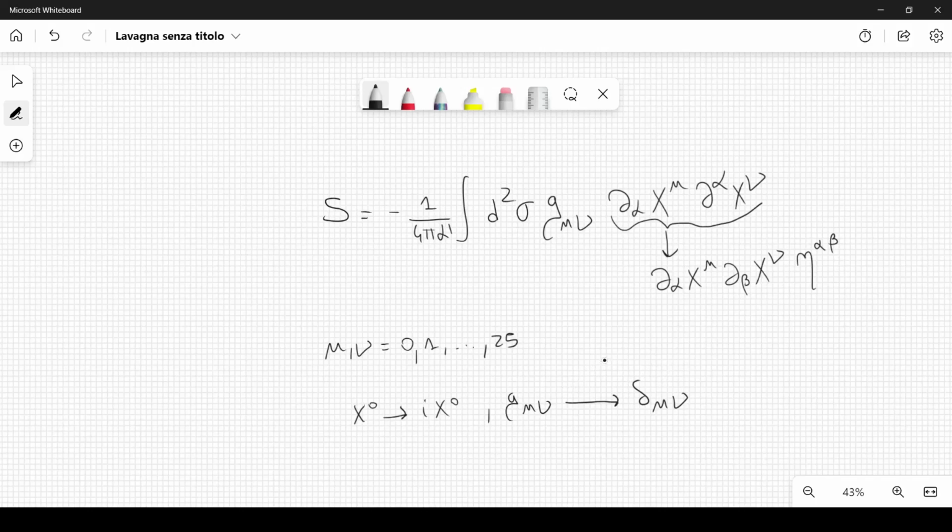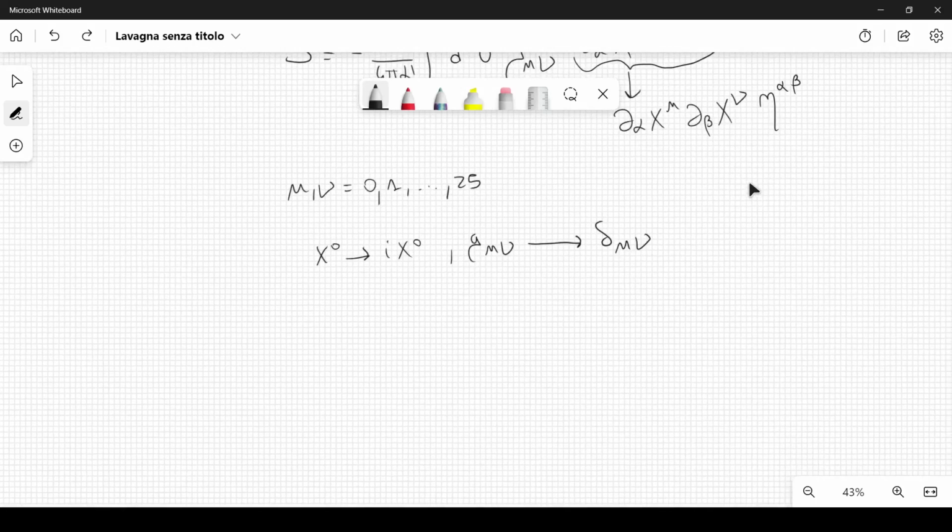So in general, when we have a flat space, g mu nu will go to eta mu nu, so the Lorentz metric. But if we make this transformation here, it's simple to see that we actually get a Euclidean metric delta mu nu. So this is a Kronecker delta.